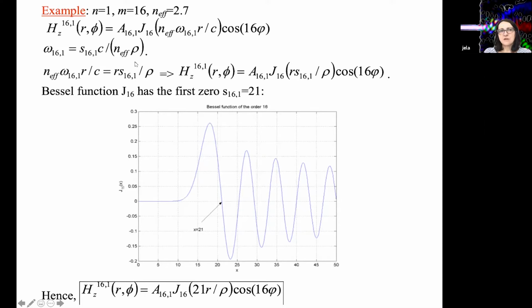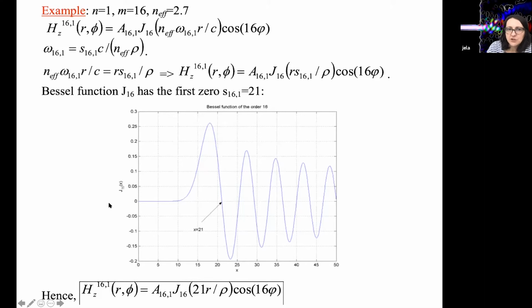So omega 16.1 is given by this expression, and you can also plug that back in here, right? And cancel out different terms, and that would basically give you just the argument, which is R divided by rho times S16.1. And it's clear that when R is equal to rho, when you hit the edge of the disk, then this whole argument is just S16.1, which is the first 0 of Bessel function J16, so that whole Bessel function drops to 0.